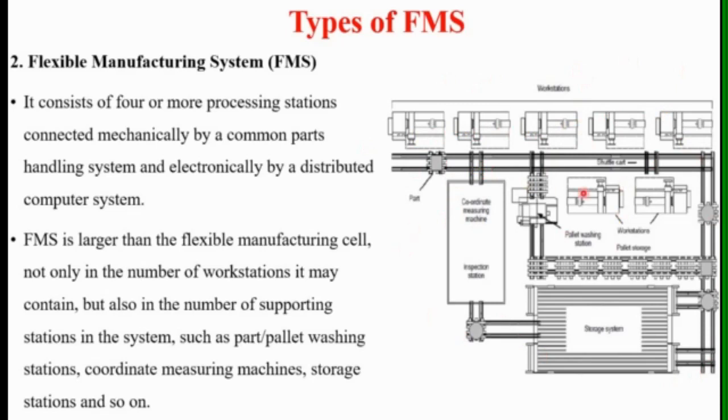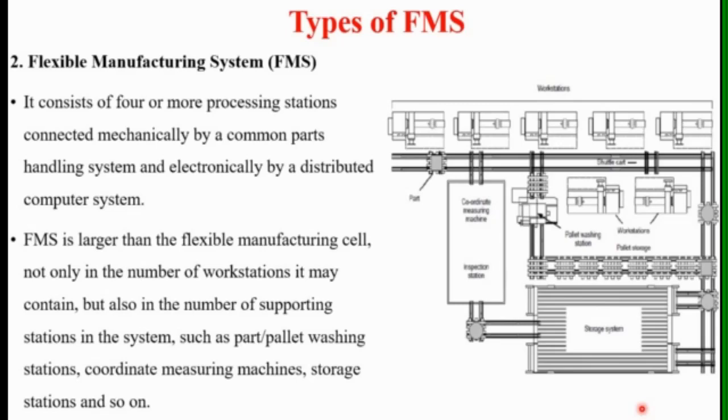The conveyors are used here. Then this is called the pallet washing station. Then there is an inspection station. Then there is a storage system. So this entire system is controlled by a computer. So this is called a flexible manufacturing system.